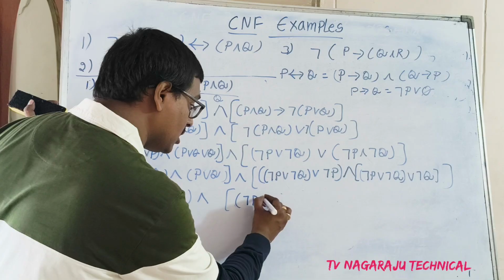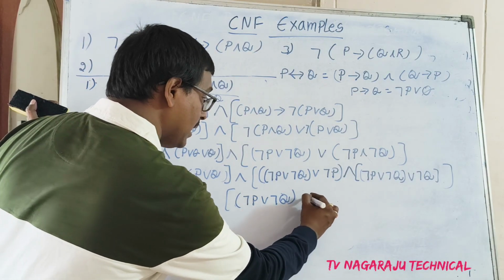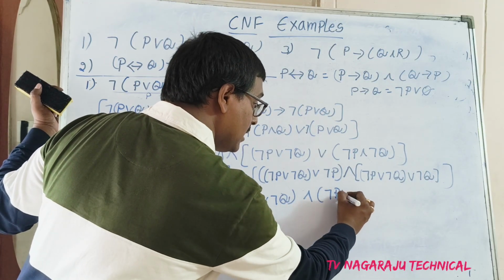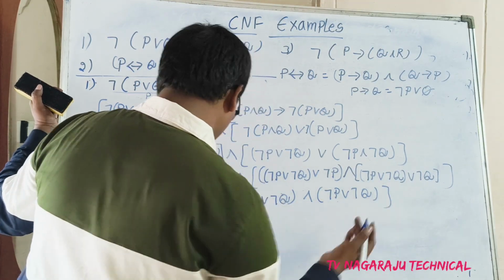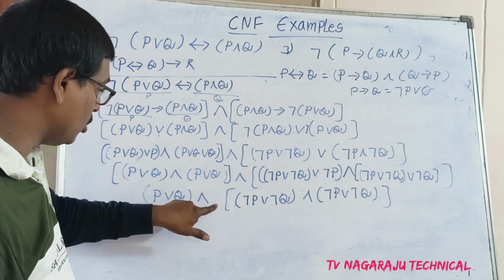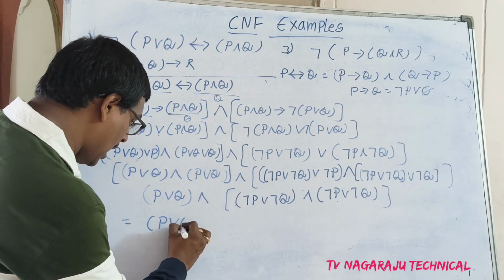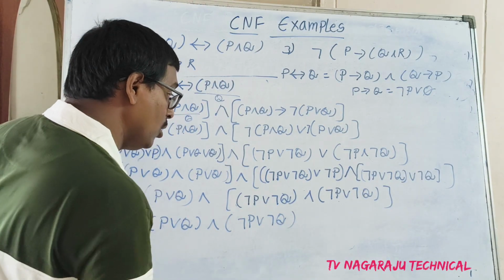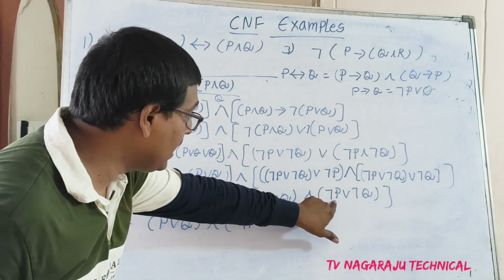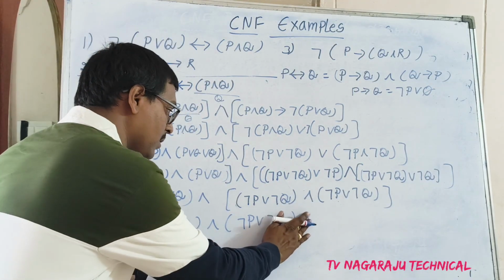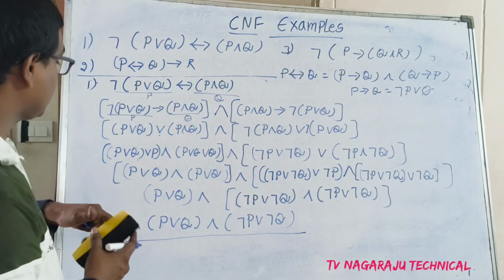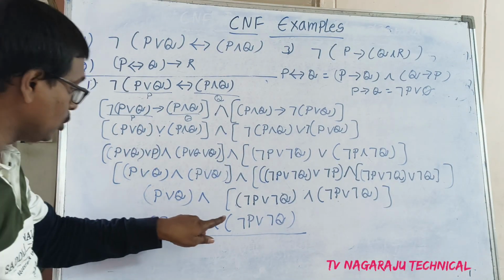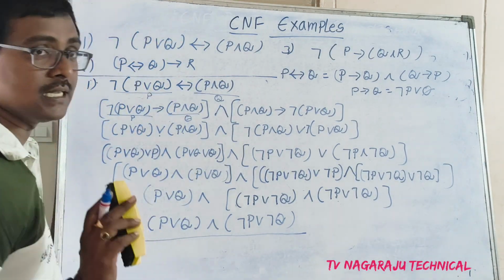Simply this is negation P or negation Q, and negation P or negation Q or negation Q, negation P or negation Q. Now finally remove all the brackets: P or Q and negation P or negation Q and negation P or negation Q. Here both are the same. This is the final answer: P or Q and negation P or negation Q. This is the CNF for this example.